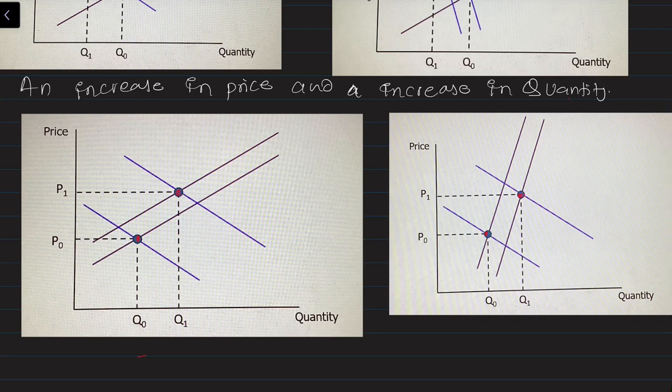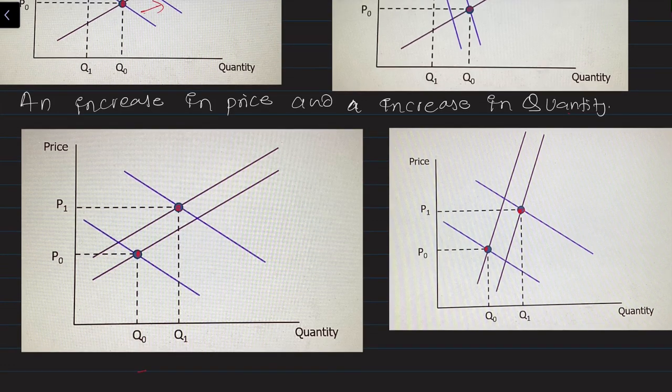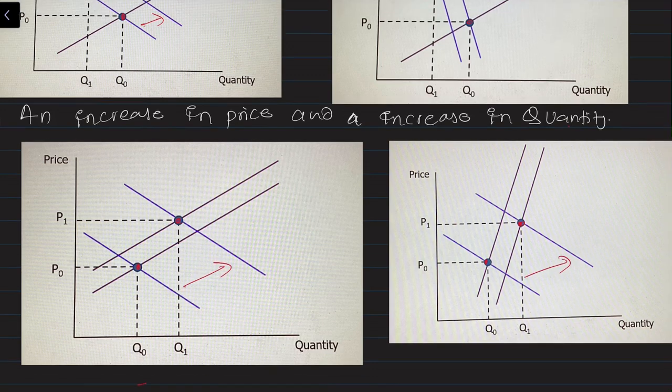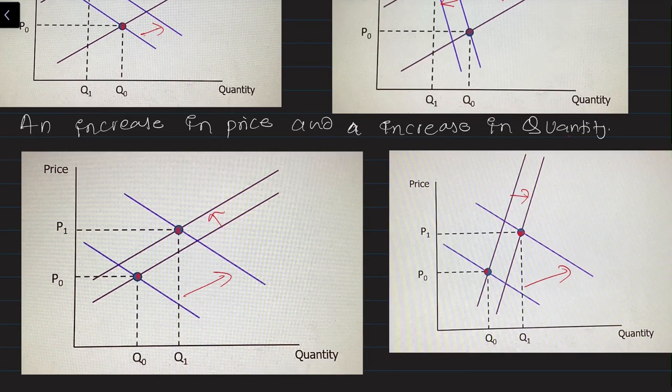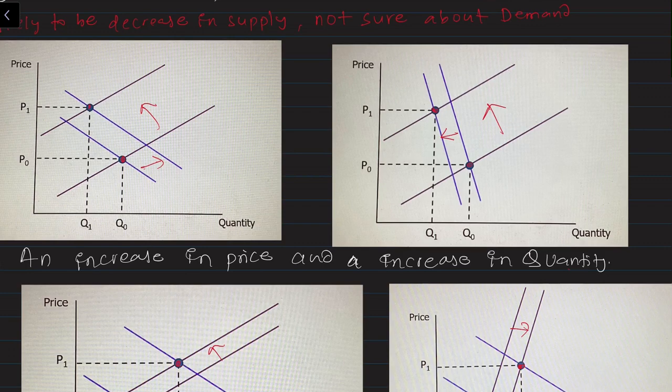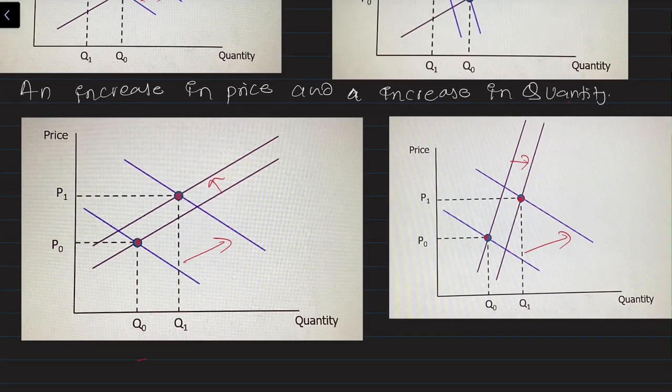In the second graph especially, the supply curve is relatively steeper, but in both of these graphs, the demand curve has shifted to the right, but the shift in the supply curve is different. In the first, the supply curve has shifted to the left. In the second, the supply curve has shifted to the right. So same as above, we cannot say anything about the supply curve.